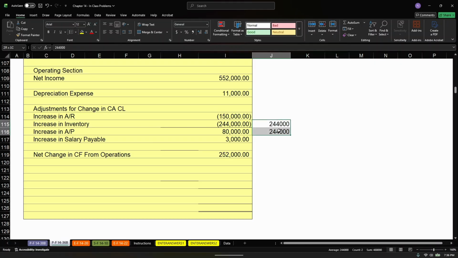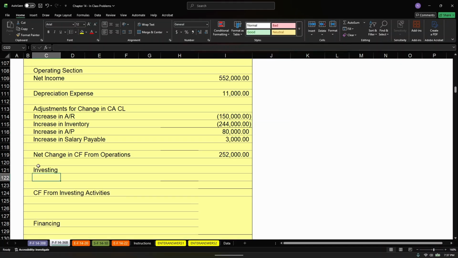And you would see that happen with two offsetting adjustments. So you've got to trust this process of these adjustments working on a net basis, and they do.